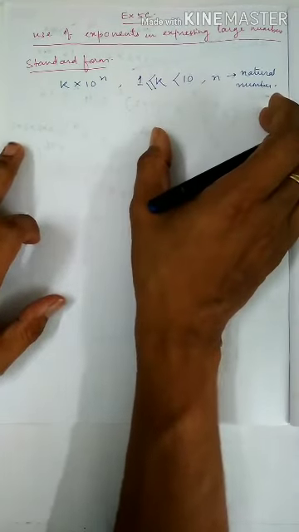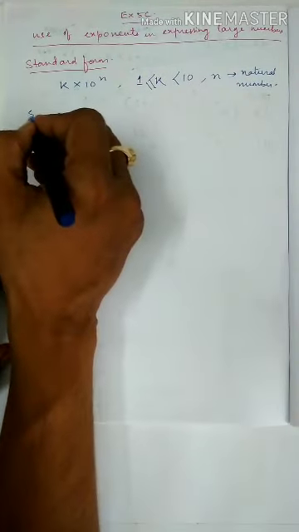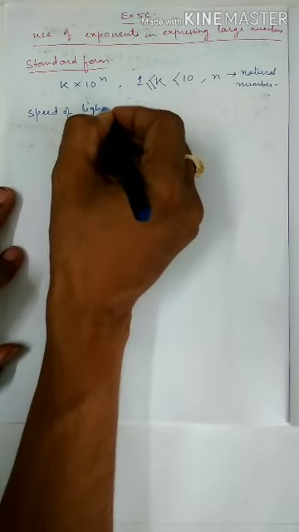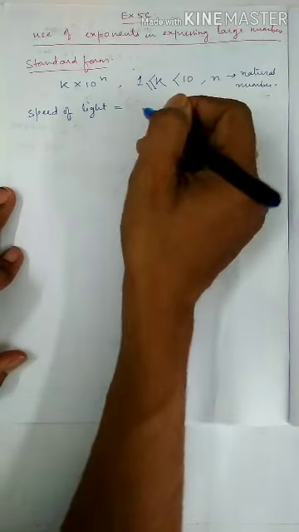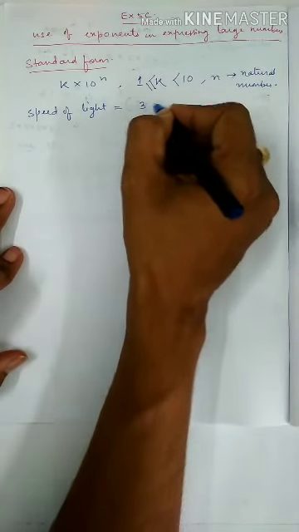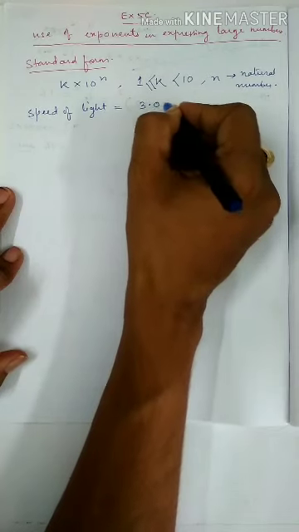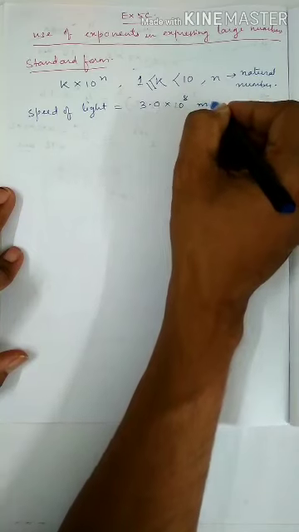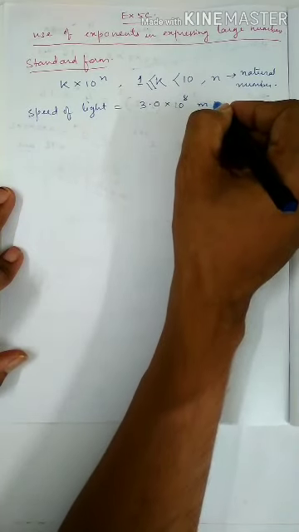So let us take an example. Suppose we take the example of the speed of light. What is the speed of light? If we write it in standard form, we can write 3.0 into 10 to the power 8 meter per second.